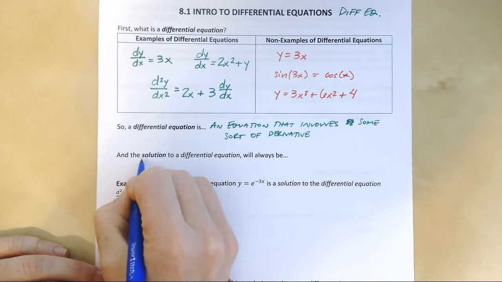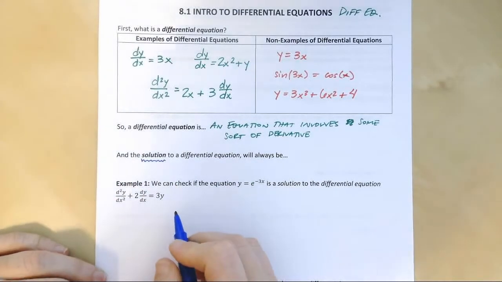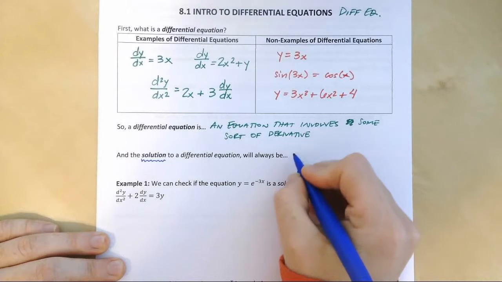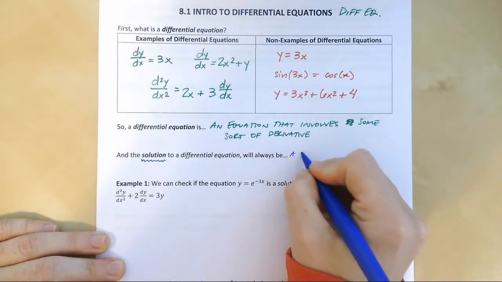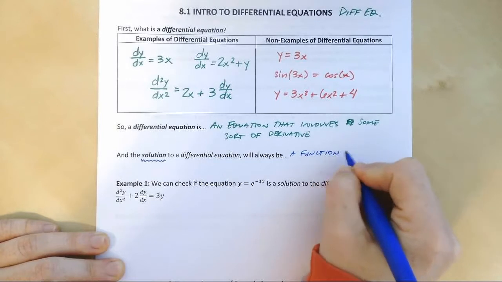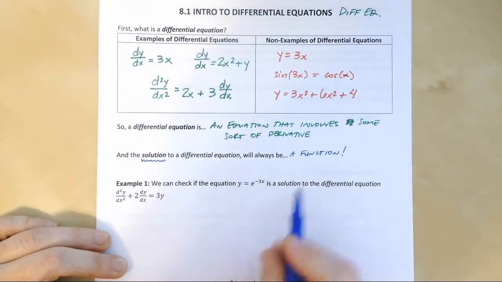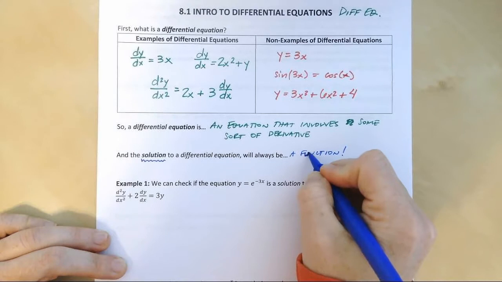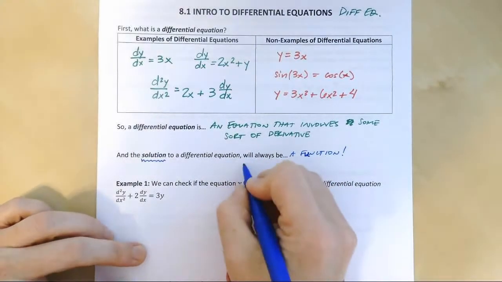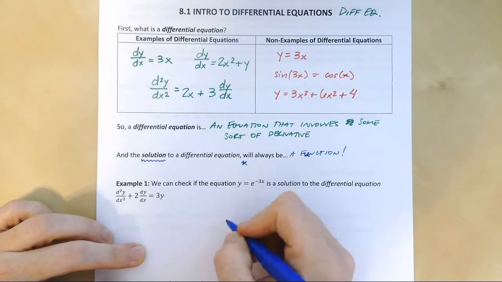Okay, now let's talk about the solution. This is going to be a key word, solution to a differential equation. The solution to a Diffie-Q is always going to be a function. You will see in a second that the solutions end up being functions, and then we need to put a little asterisk here, a star here.